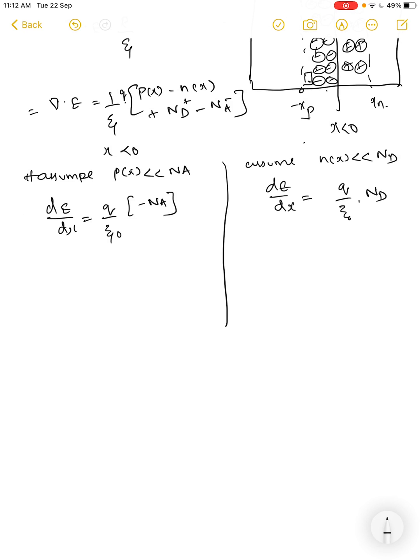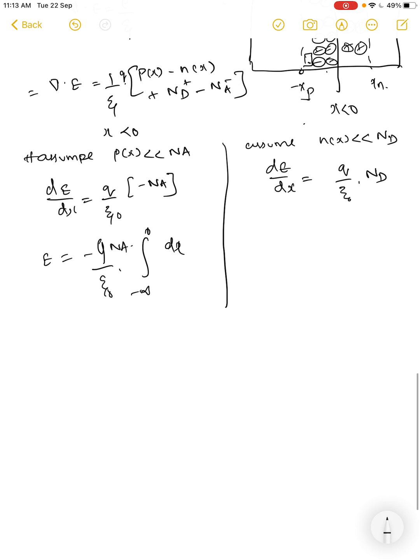So the electric field has to be integrated. The electric field is the integral of q by epsilon naught times minus Na dx, from minus xp to 0, and you know that it will take the form minus q by epsilon naught Na into (x plus xp).